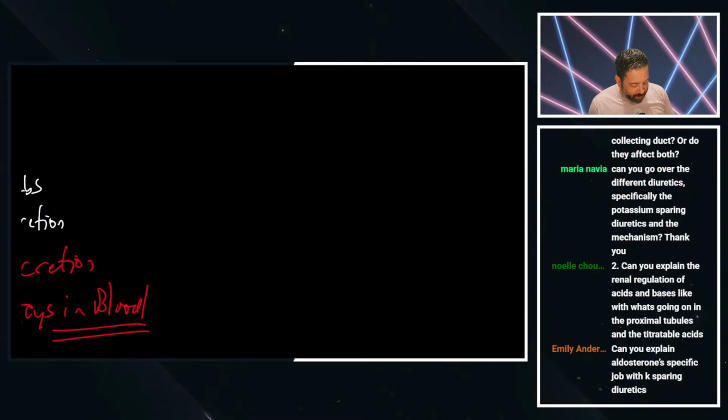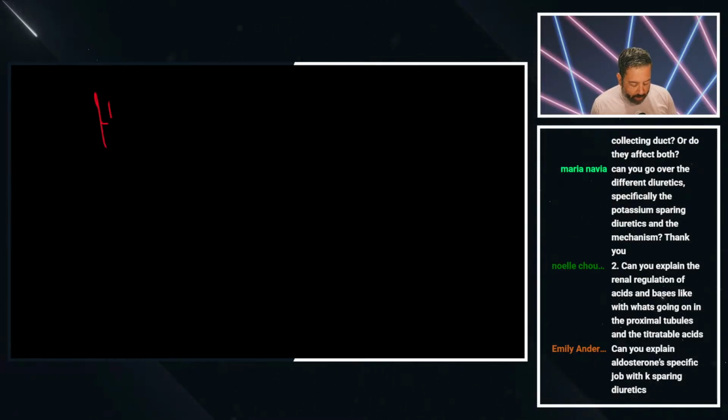Remember, when we talk about acids, we are mainly just talking about hydrogens. We have to figure out a way to fix these hydrogens to something so we can get rid of them. One way to do it is the bicarb. We'll put the lumen here.